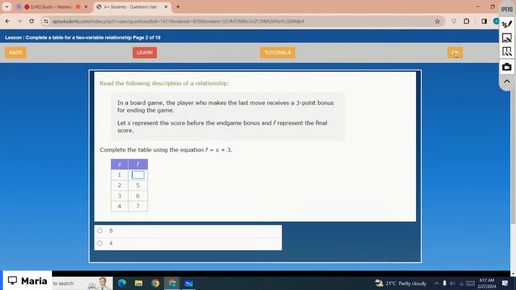Okay, complete the following equation. F equals S plus 3. So which is the correct option?